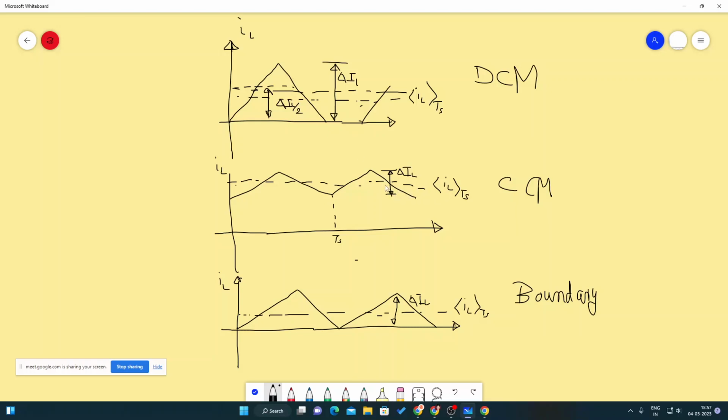Similarly, from the top, this is delta IL by 2, and this is delta IL by 2, and here this value is delta IL by 2.